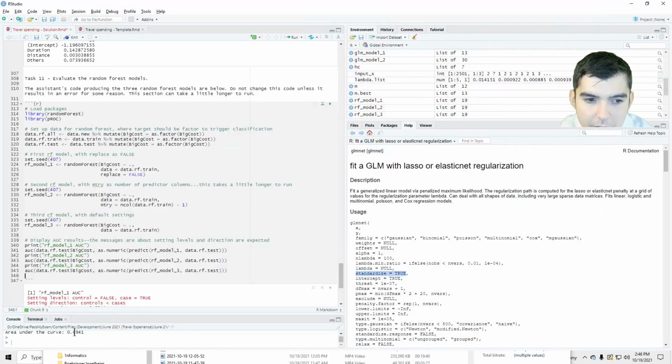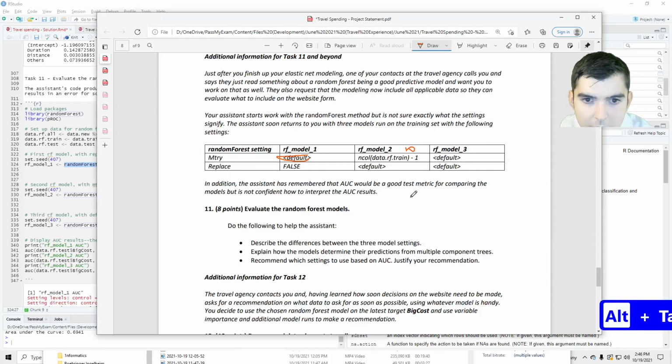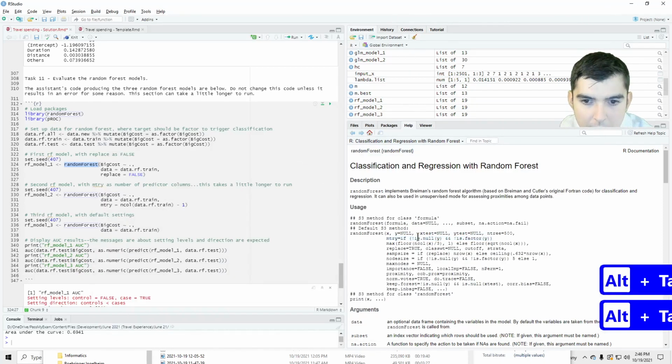So if I just click on the name of the function and then press F1, that brings up the documentation here. And then if you look at mtry, that's what we're looking at, mtry. It's saying it's equal to, if y is not null and y is a factor.